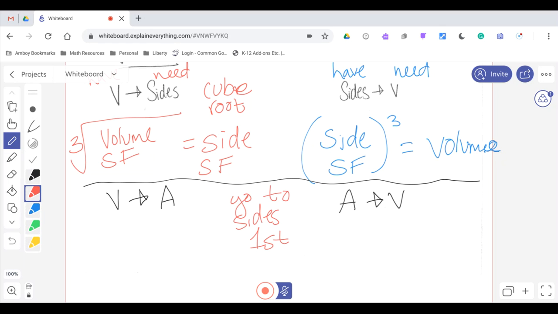Okay, so if you have volume and you need to get all the way to area, what you really need to do is say, okay, I'm going to go from volume to sides, and then I will go from sides to area. Okay, so remember, volume to sides includes cube rooting.